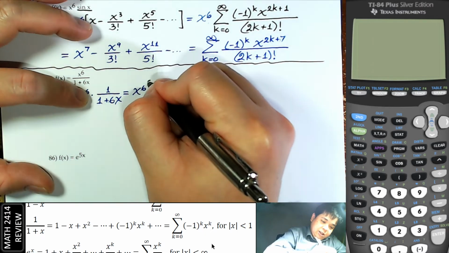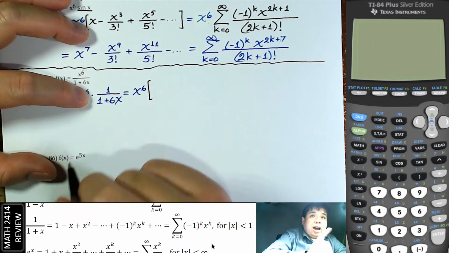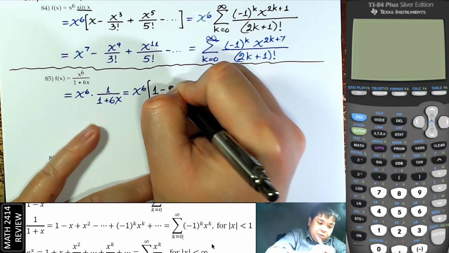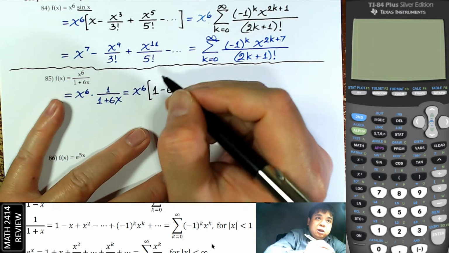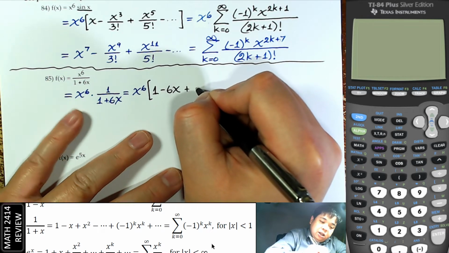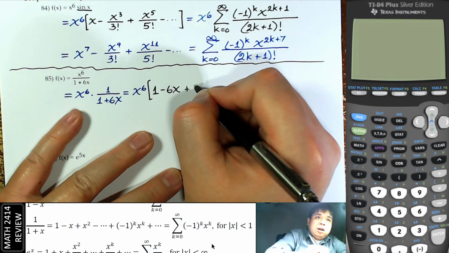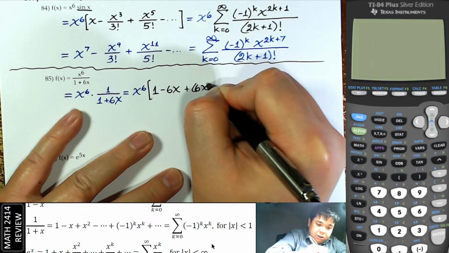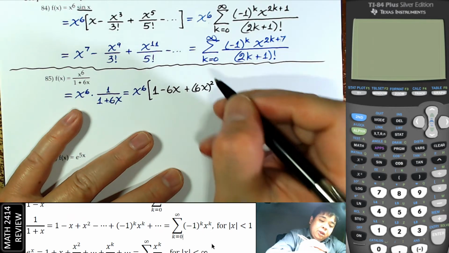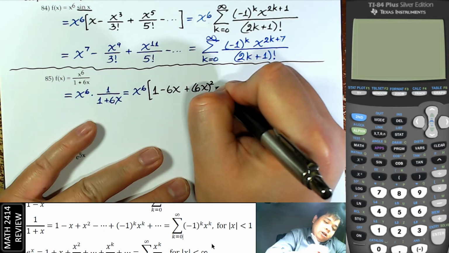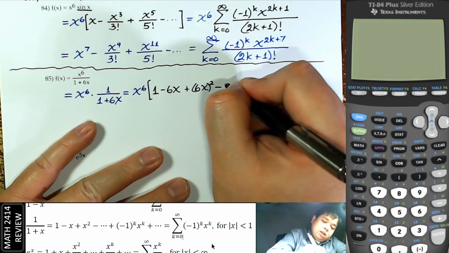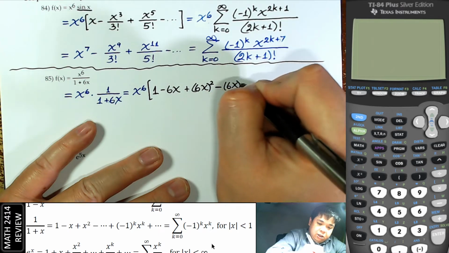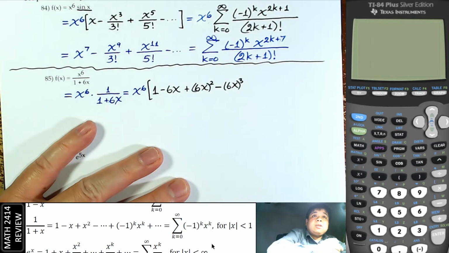Now the series, instead of x in the formula I use 6x, so we have 1 minus 6x plus 6x squared. I'm just going to write one more. That will be minus 6x cubed, and then so on.